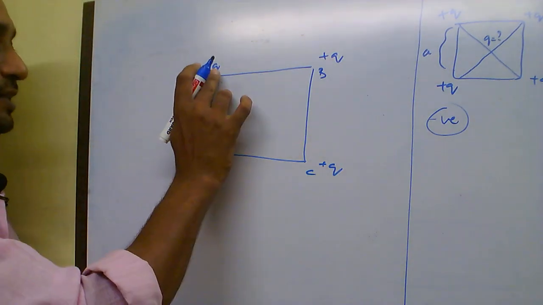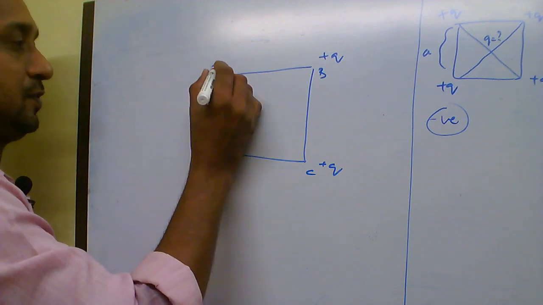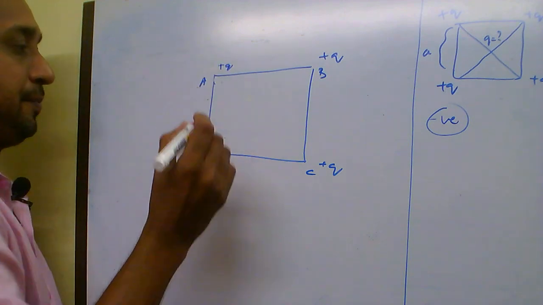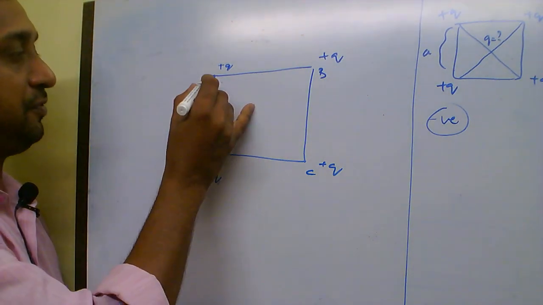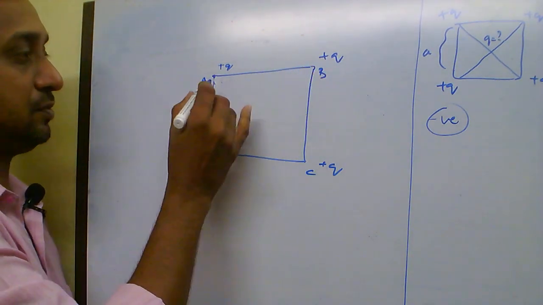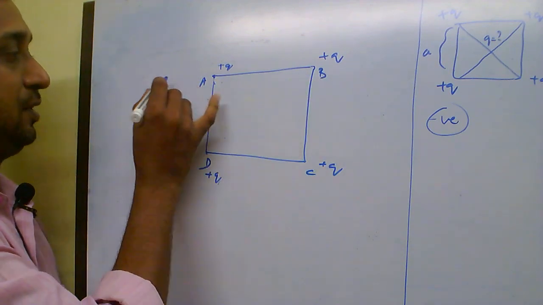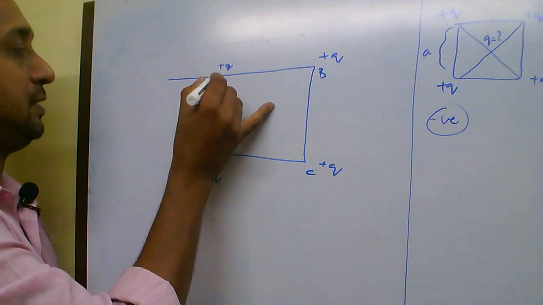Now if you consider the charge which is kept at A, so this is plus Q, this is point A. He will be finding a repulsive force from the charge which is kept at B, and that repulsive force direction will be in this way.